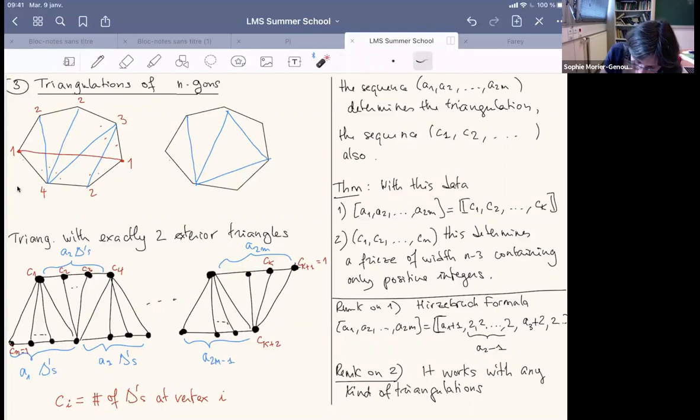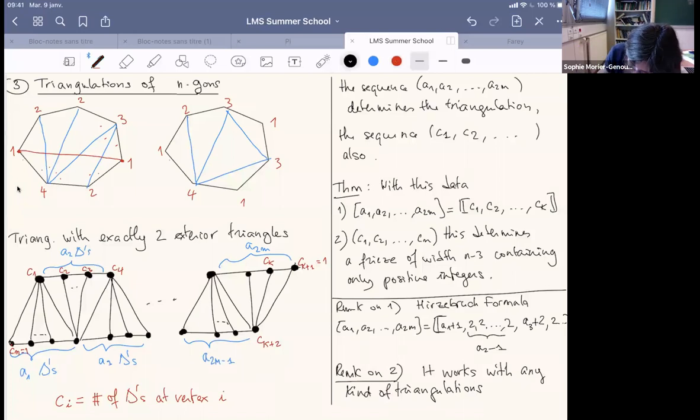Meaning, if I consider this triangulation, it doesn't have this property, but the sequence that I will get here is 1, 2, 3, 1, 3, 1, 4. And this sequence, write it in the first row of a frieze, compute the frieze. You will get only positive integers, and you will get a frieze of width 4 because it's a heptagon.